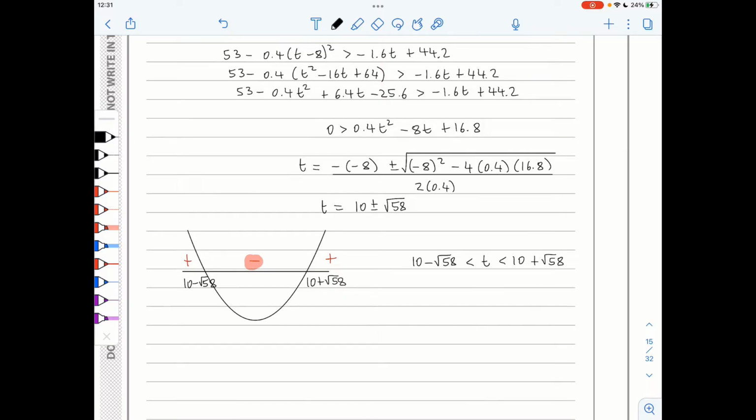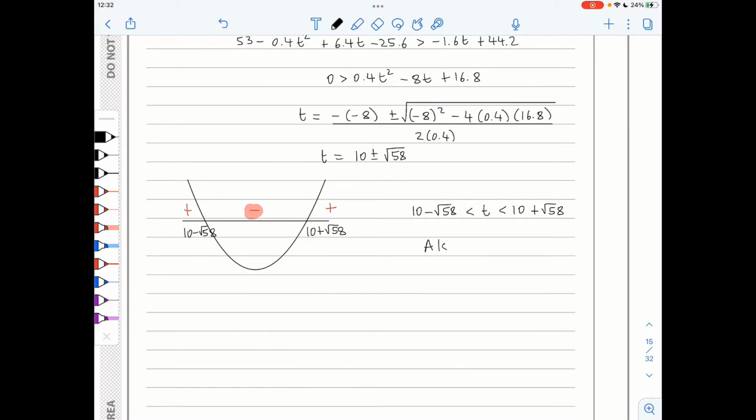However, in addition, we want t to be between 0 and 15, as we already said. So I need to restrict the values to all values of t that are between 10 minus root 58 and 15. If you calculate 10 plus root 58, you will see that you get a value which is greater than 15. So you know that this model only holds true for values of t up to 15, so you need to impose this extra restriction here.